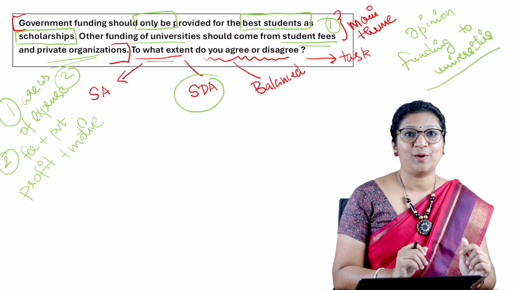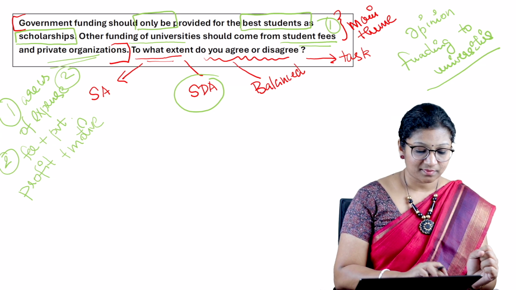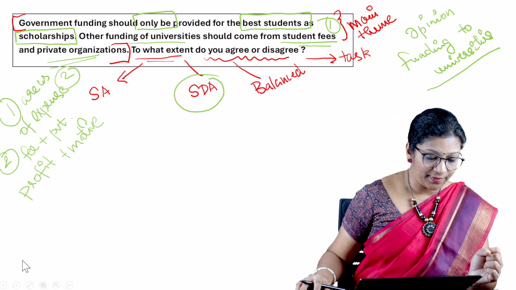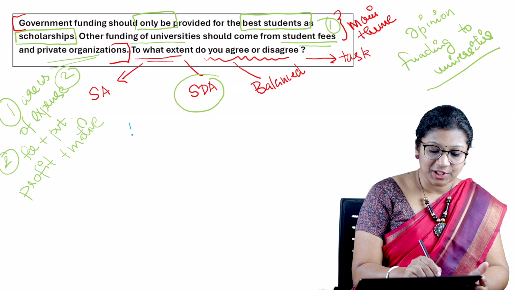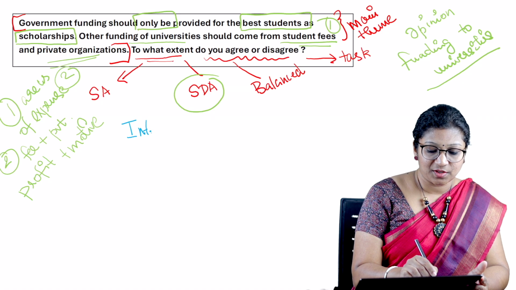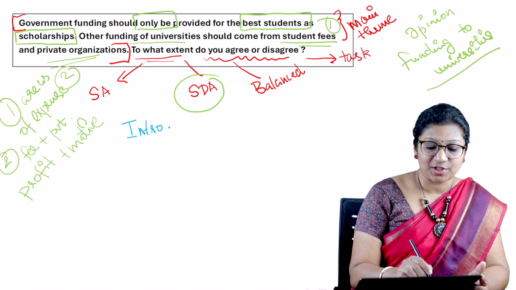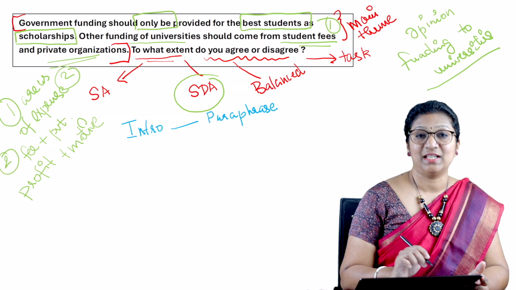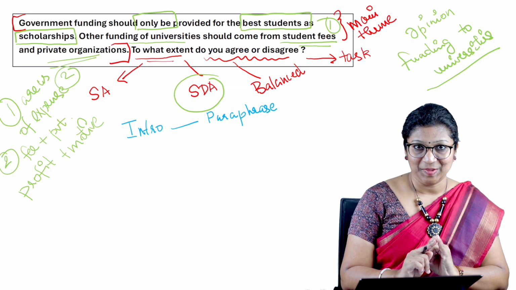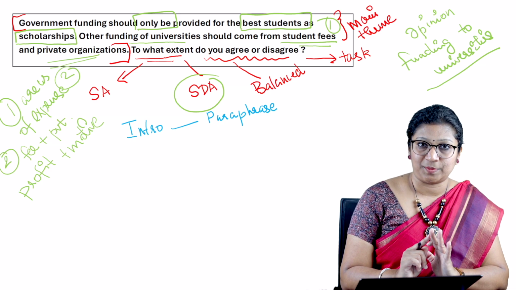So thinking in these terms, let's understand. If this is how we're going to write the essay, then of course we begin with, first we write the introduction. So we know that when it comes to the introduction, we're going to paraphrase the question. So you have to reword this, retaining the idea, the meaning and the tone.